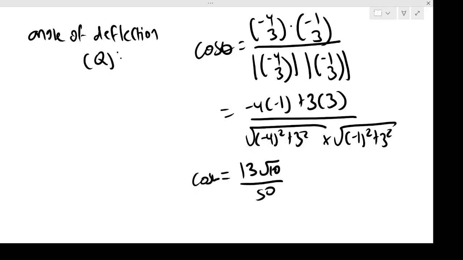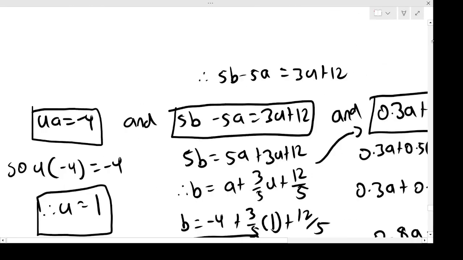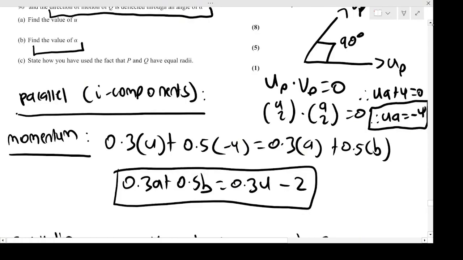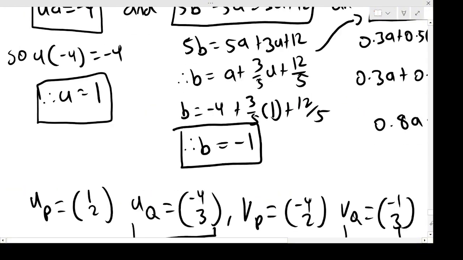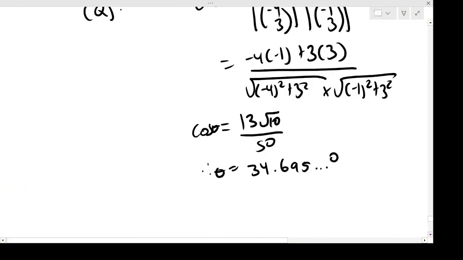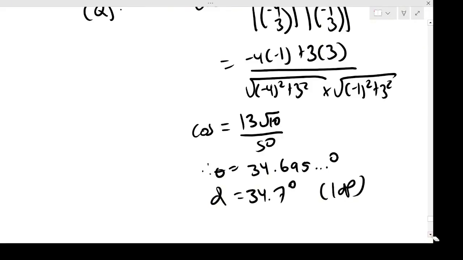So that's cos theta. So we just inverse cos that, and we get 34.695 degrees. They don't tell me what to round it to, so I'm just going to round it to, let's say, 1 decimal place. So 34.7 degrees to 1 decimal place. That's alpha specifically. That's my angle there.